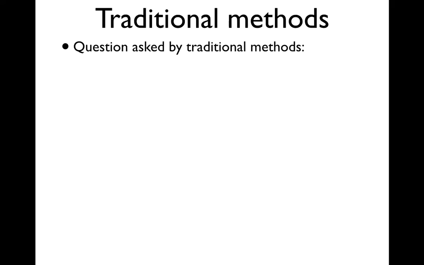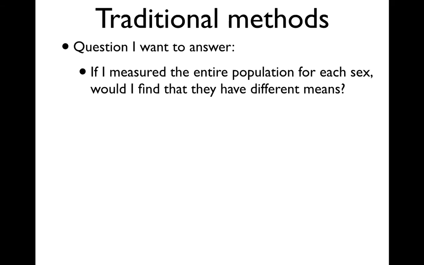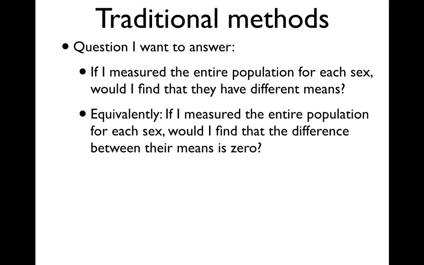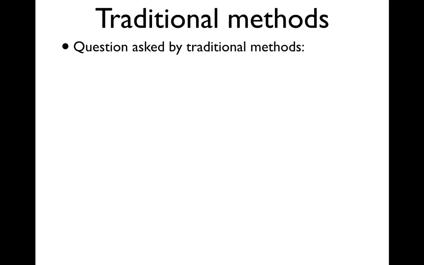They decided they wanted to change the question. So again, we had this question: if I measure the entire population, would I find that they had different means? They decided we can't answer that question, so we're going to find a different question that we can answer and use that instead.